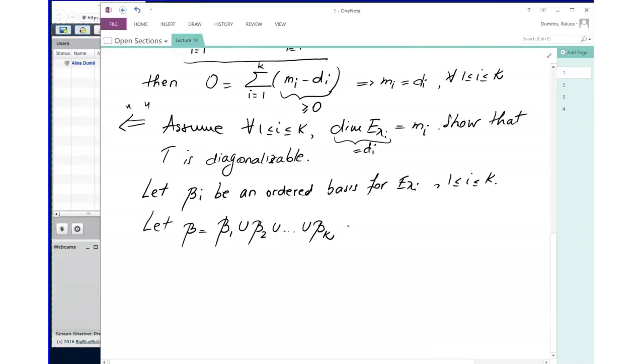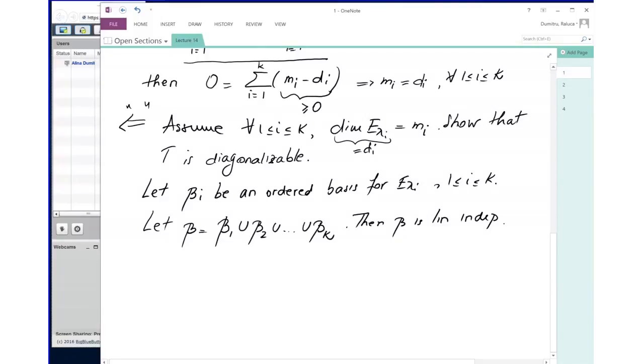Okay. We already know that this beta is linearly independent, and that was the last result we proved last time, was saying exactly this. If you take a bunch of independent vectors in an eigenspace, then take another set of independent vectors in another eigenspace, you put them together, it's still independent. That's the last theorem from last time. So this beta is linearly independent.